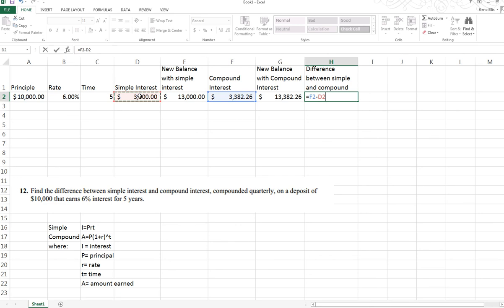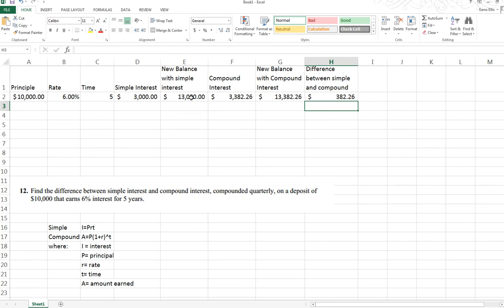So you should have got an answer that looked like $382.26. Another way we could have done this, since we have the new balances, we could have instead said, what is the difference between this balance and this balance? And we should get also $382.26. Okay, so that's that. So that's pretty neat.